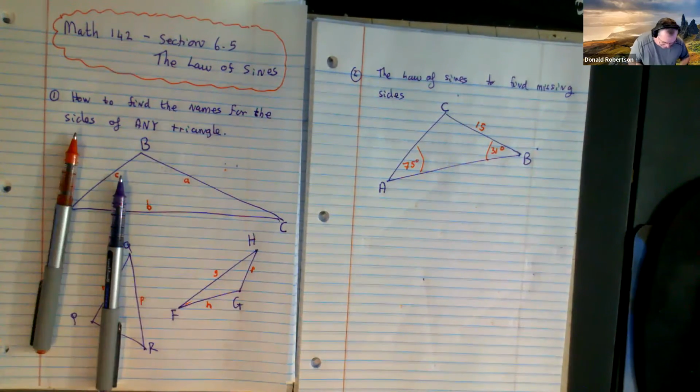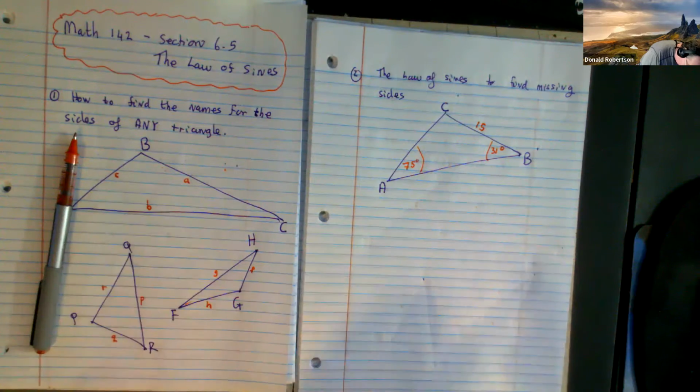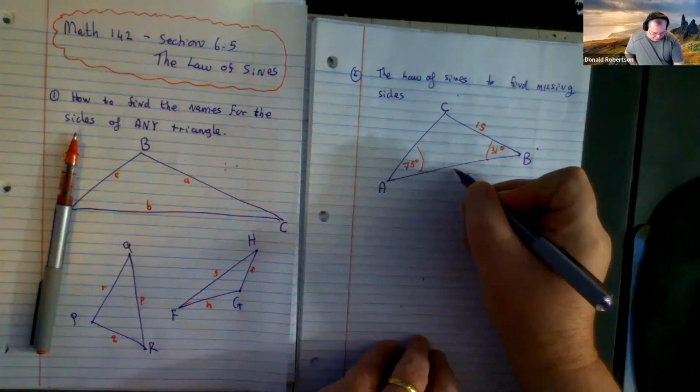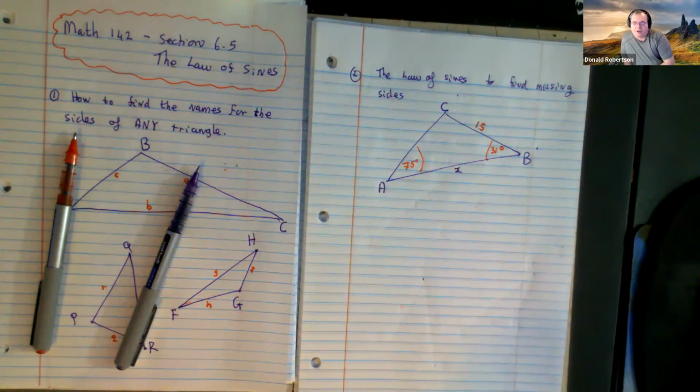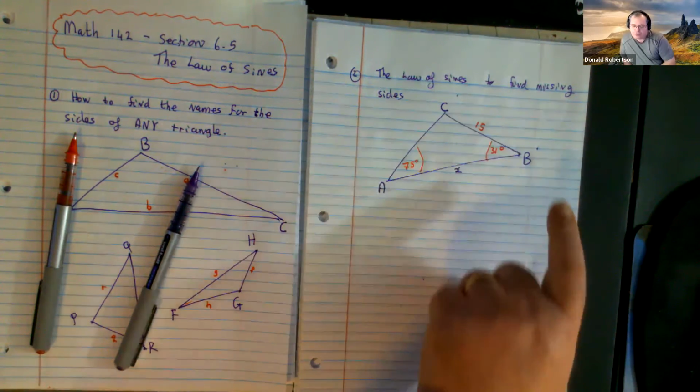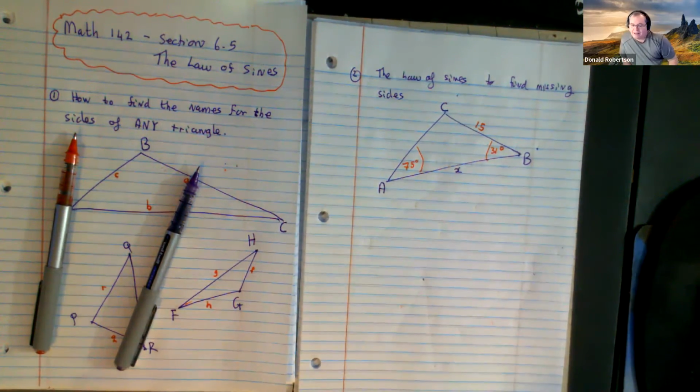And you are being asked to find that side there. So when you have a triangle that's not right angled and you're given information, in this case, 2 angles and one side, you should be able to find any given missing side.